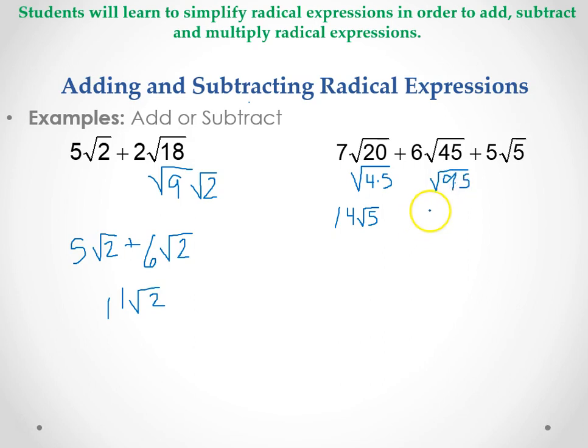The square root of 9 is 3. 3 times 6 is 18 square roots of 5. And then we have still our 5 square roots of 5. So even though it didn't look like we could add these together, by simplifying the radicals we were able to. So we have 14 plus 18, which is 32, plus 5, which is 37 square roots of 5.